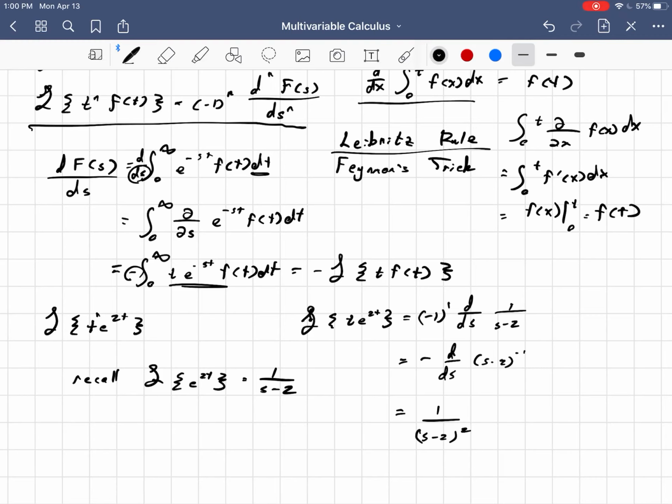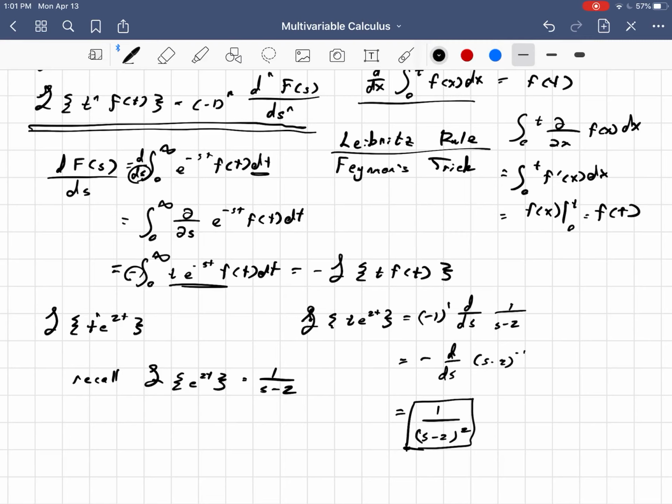The negative and the negative are going to give us a positive, and we get 1 over s minus 2 squared. And that's the Laplace transform of t e to the 2t.